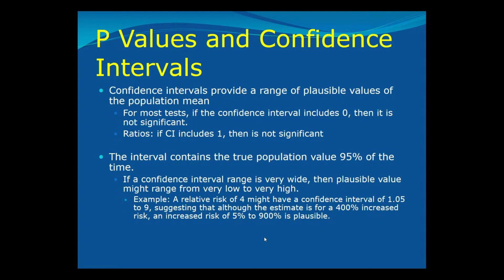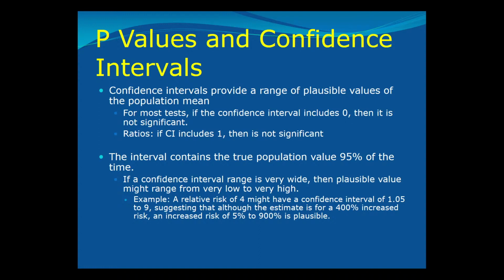Confidence intervals provide a range of plausible values of the population mean. For most tests, if the confidence interval includes 0, then it is not significant. If we have ratios, if the confidence interval includes 1, then it's not significant. The interval contains the true population value 95% of the time.